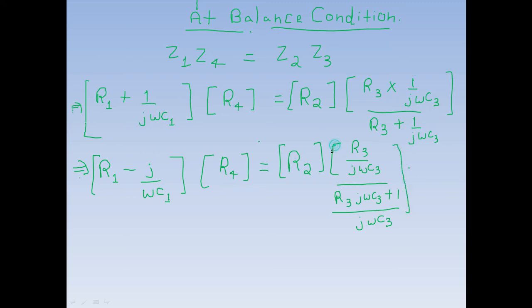Okay, this is in the whole denominator. This j omega C3 and j omega C3 cancel out each other. Now what will we get?